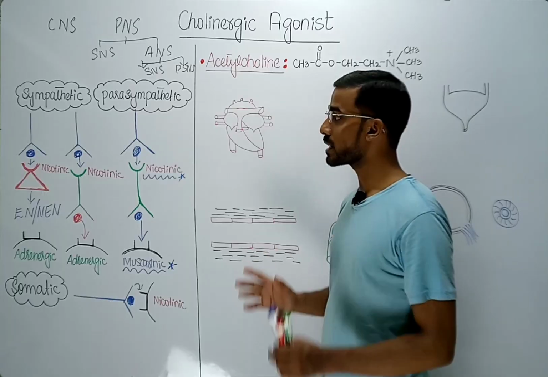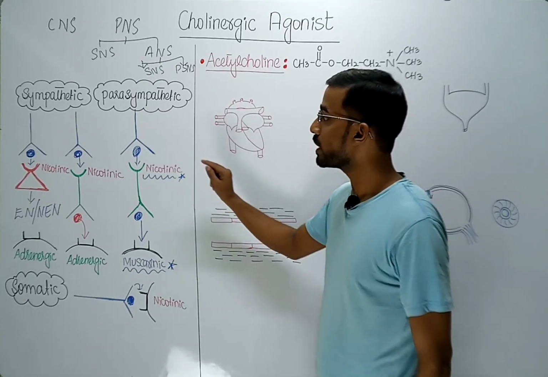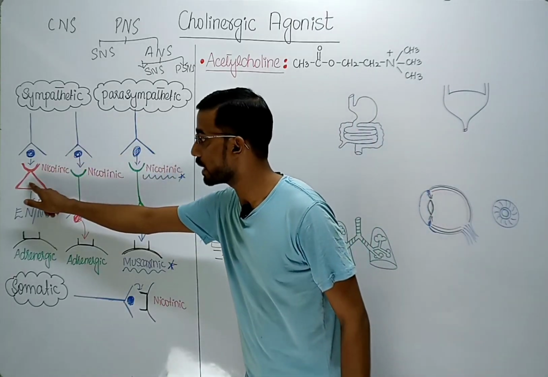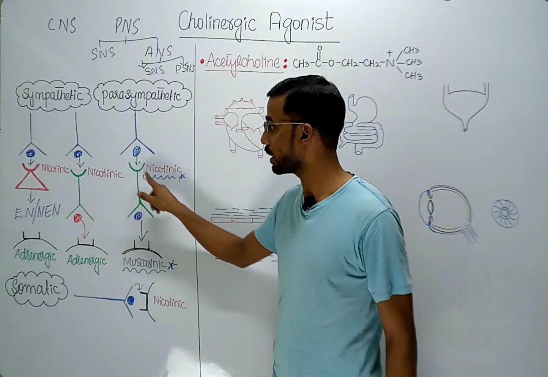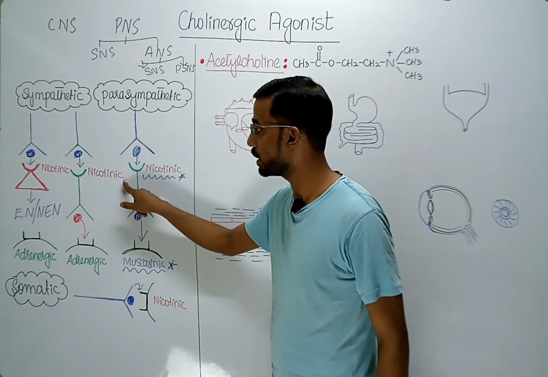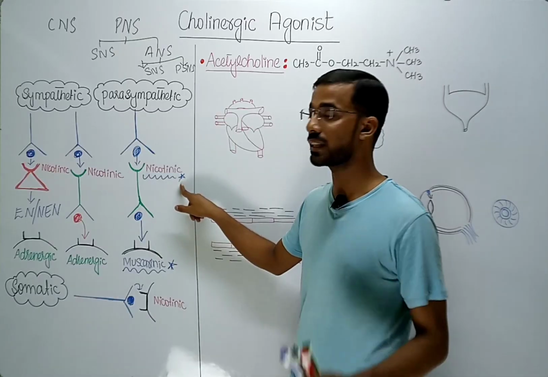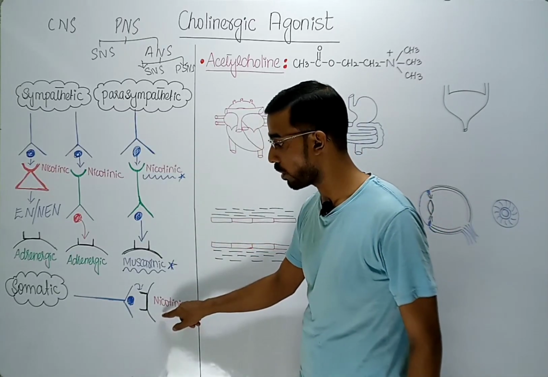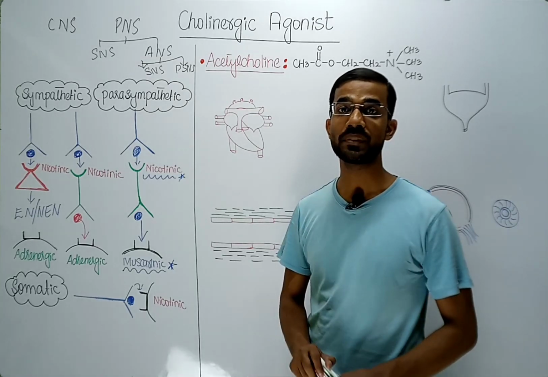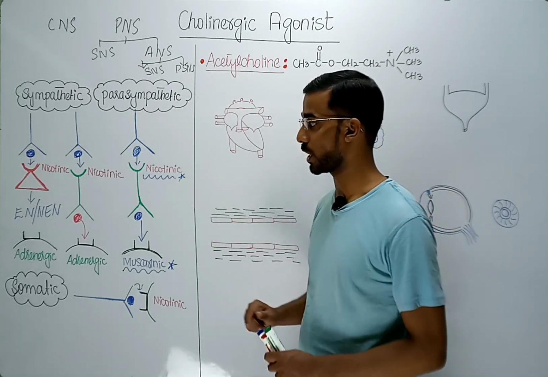So if we summarize, nicotinic receptors are present on the adrenal gland and mostly on postganglionic neurons. Here is the receptor on the postganglionic neuron. These are nicotinic in nature. And last are the nicotinic receptors on the effector organ in case of the somatic nervous system.